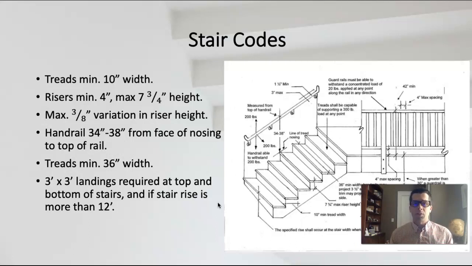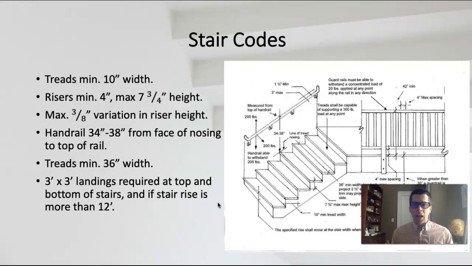So on a residential set of stairs, treads have to be a minimum of 10 inches deep. Okay, I have width because that's what I would rip the board to in theory. Generally speaking, the finished tread is going to end up being wider than 10 inches because you're going to cap the riser and you're going to have a nosing on it.